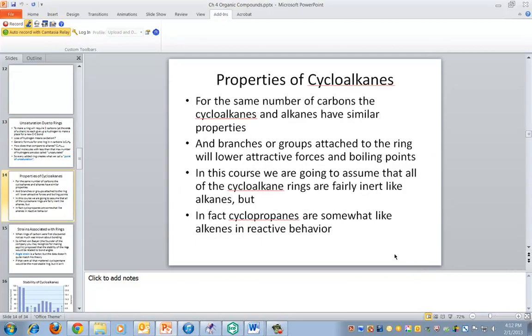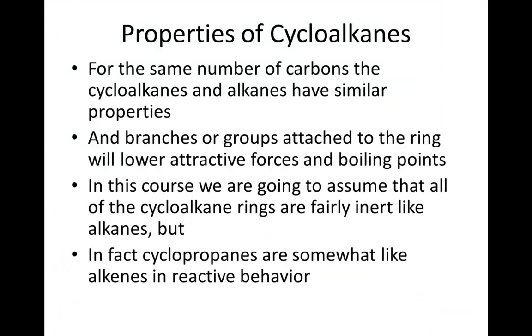So the properties of the cycloalkanes are similar to the properties of hydrocarbons, except that the branches and the groups attached to the ring are also going to interfere with the attractive forces between the molecules, and so that would lower the boiling points.